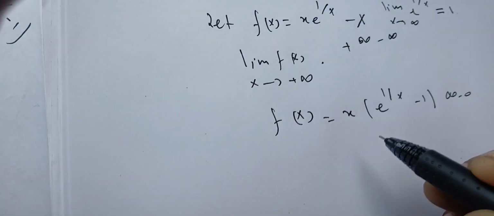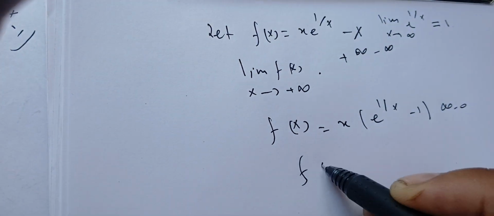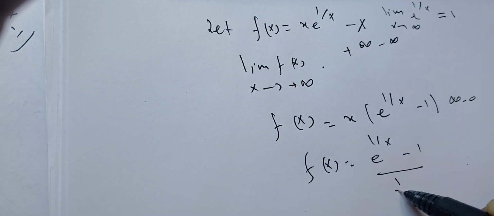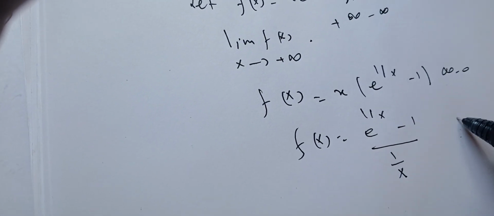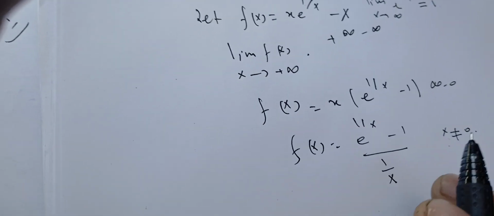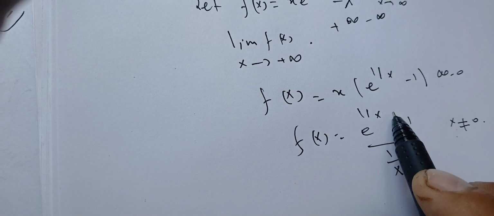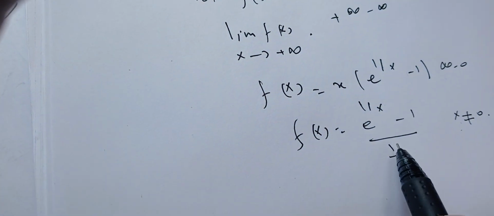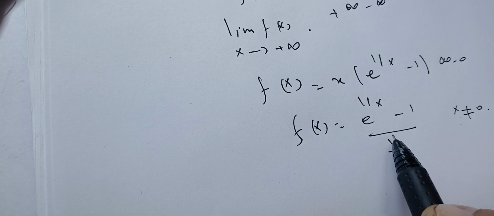But if we rewrite f as e to 1 over x minus 1 over 1 over x, assuming that x is different from 0, we see now that when we take the limit of this one, we're going to have 0 over 0.